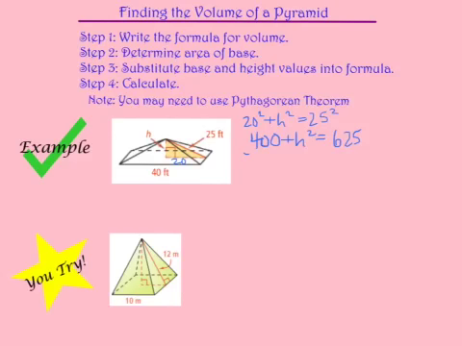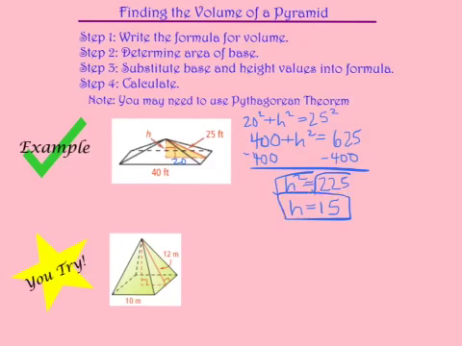I'm going to subtract my 400, which gives me h squared equals 225. If I take the square root of both sides, I get that h is equal to 15. So now I have the height of my pyramid. I'm good to go. I can continue on.